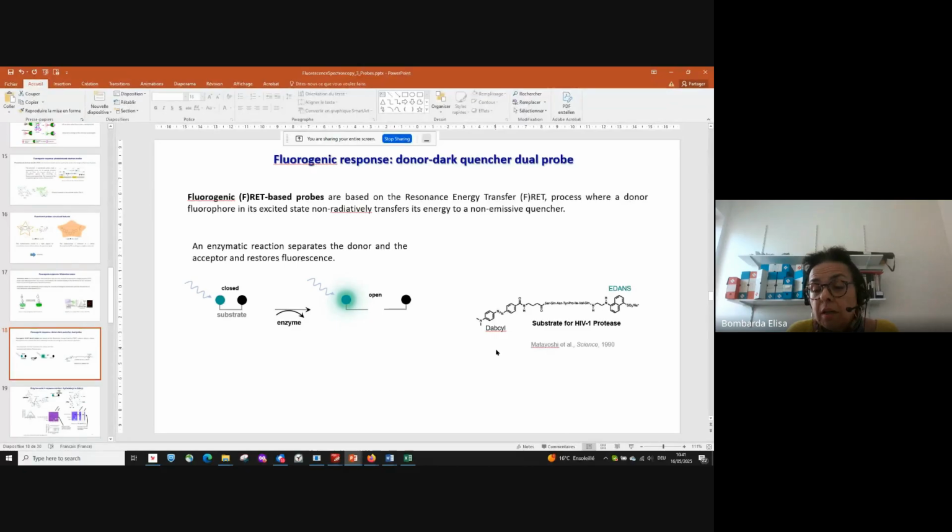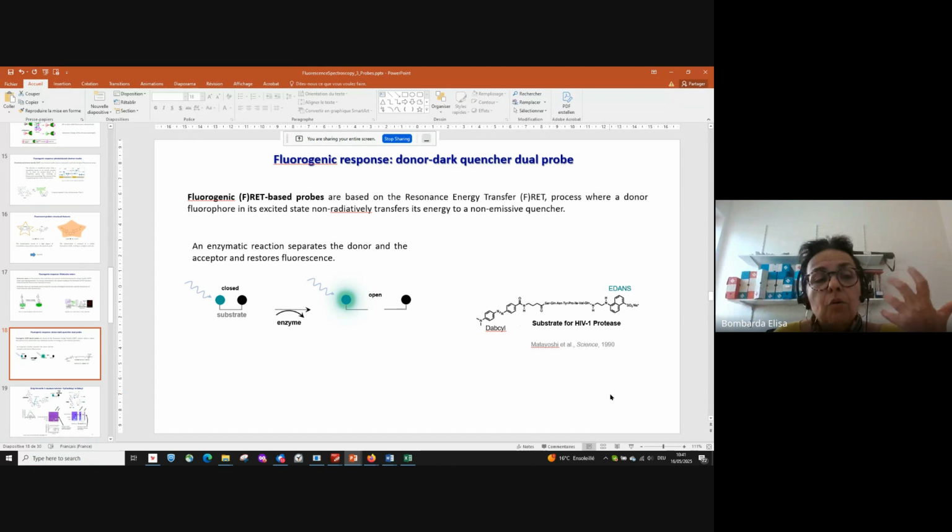So actually, we were seeing after some time that the cleavage of our substrate was not complete. After study, we were testing also with other methods, NMR and so on.